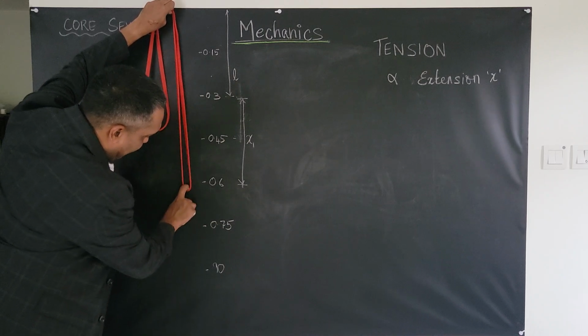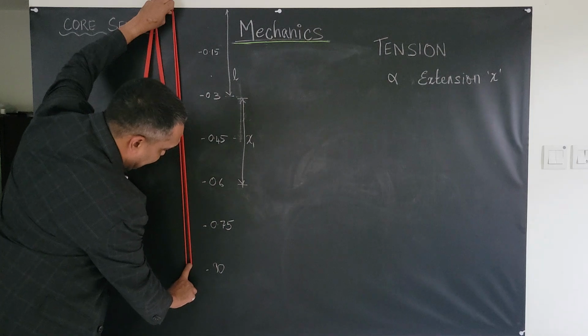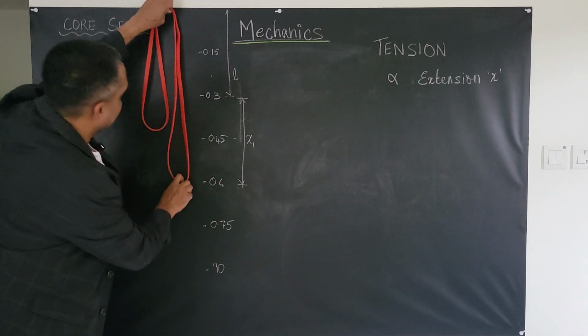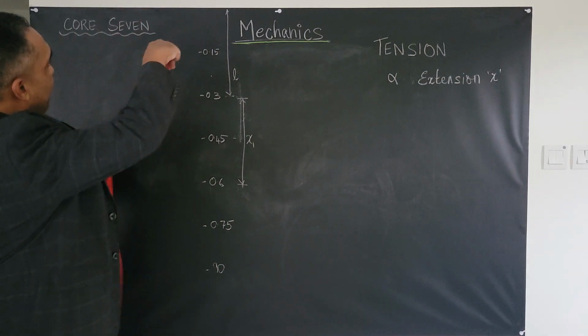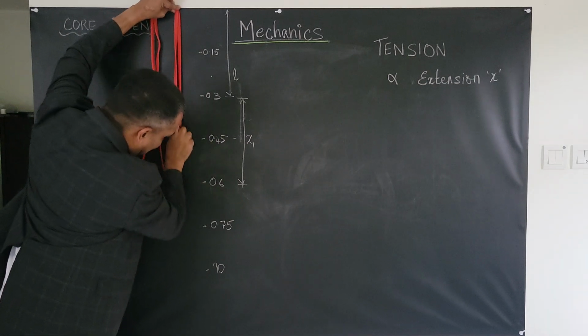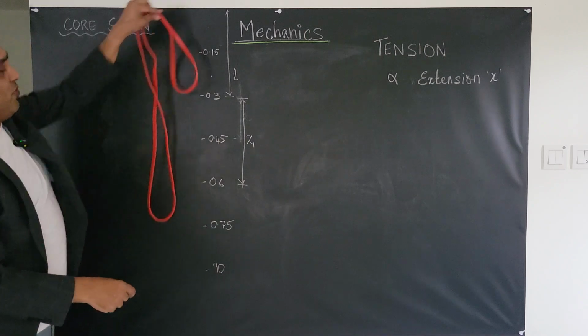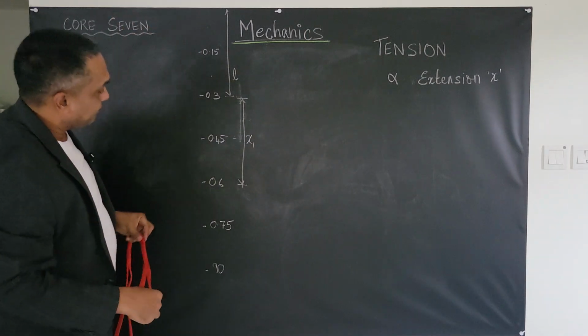Oh, it's a lot easier. I can just get it to 90 centimeters, 0.9 meters, very easily. A lot different from if I only had 30 and I wanted to get it to 60. That was stretching it. Ooh, that was hard.